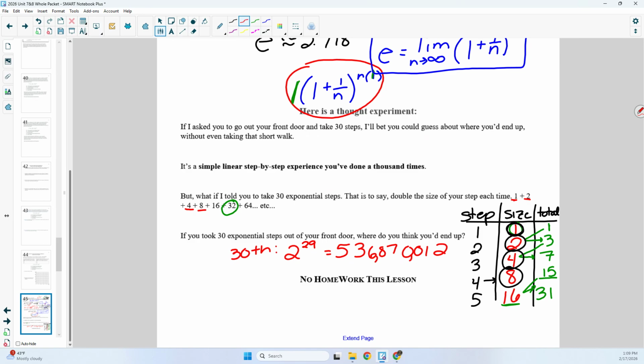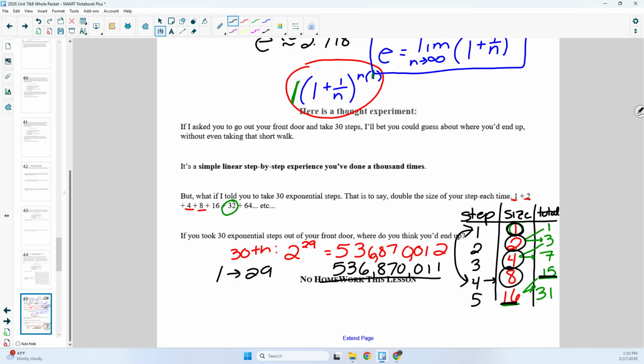Okay? Which means that steps 1 through 29 are going to be one less than that, just like steps 1 through 4 are one less than step 5. So steps 1 through 29 are going to be 536,870,911 steps.